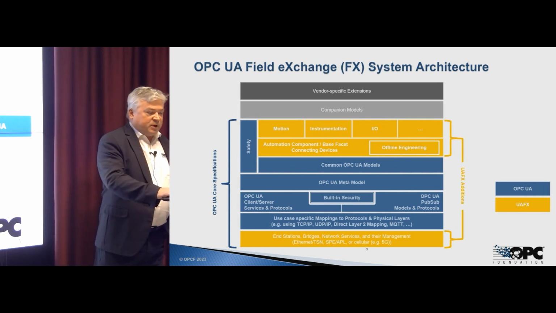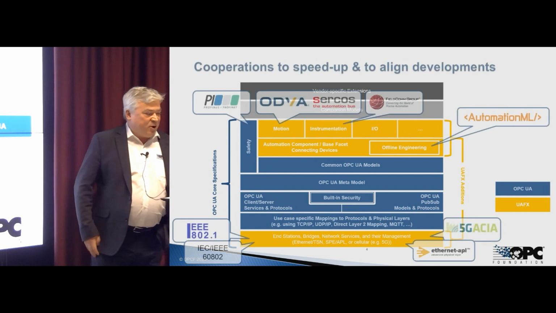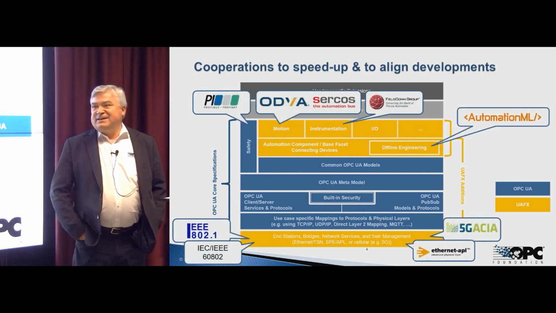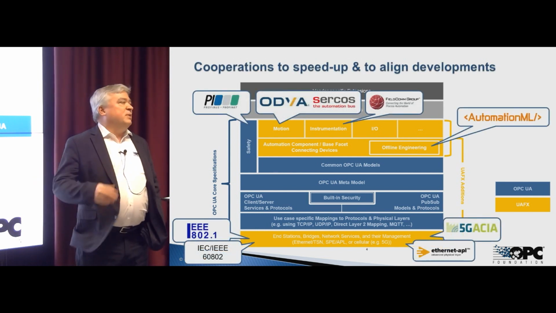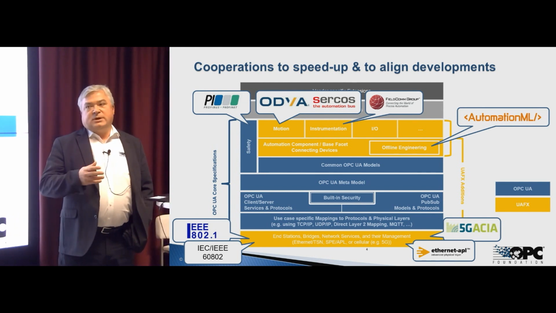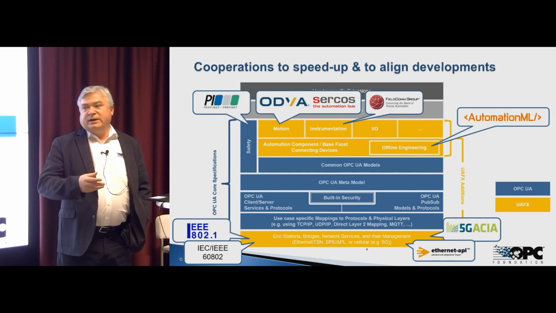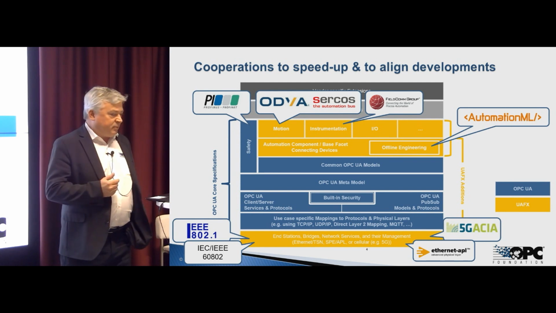Now I heard in the presentation before the term, not reinvent the wheel. This is something we very often, let's say, state, because it's extremely important that we consider what is already existing, that we can use and reuse, and what are things we have to create by ourselves or jointly with other groups.